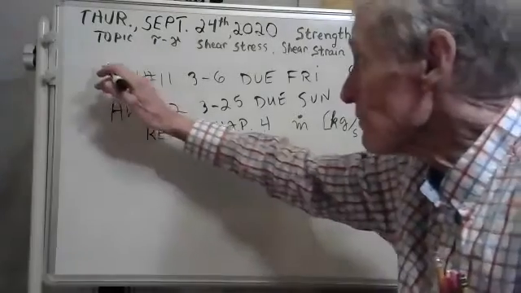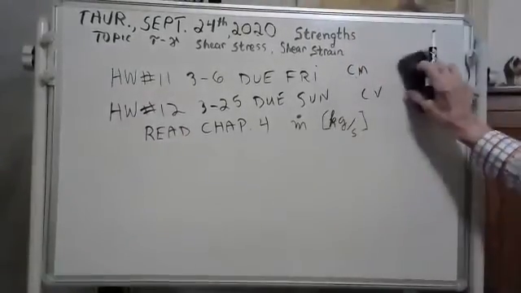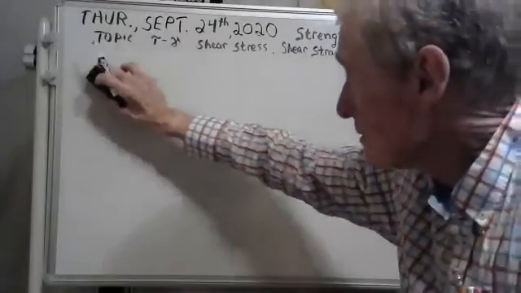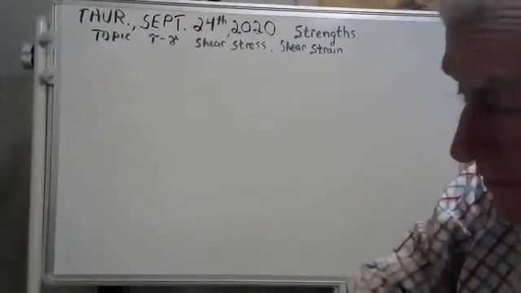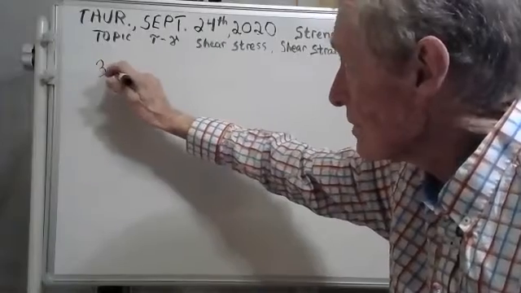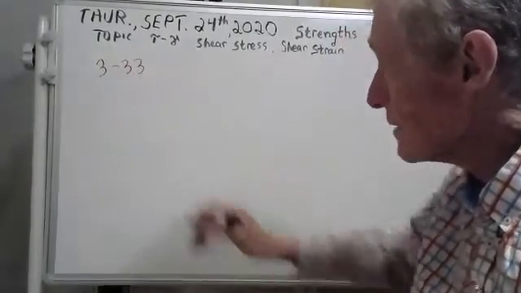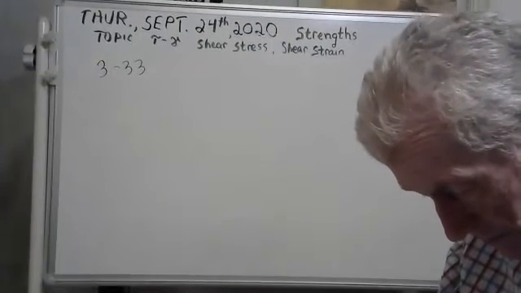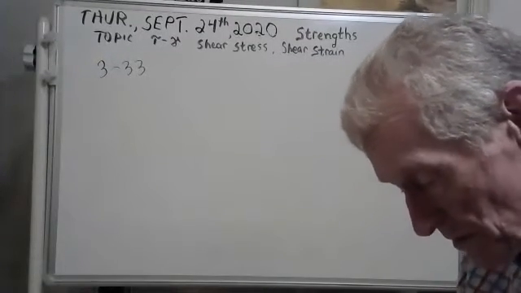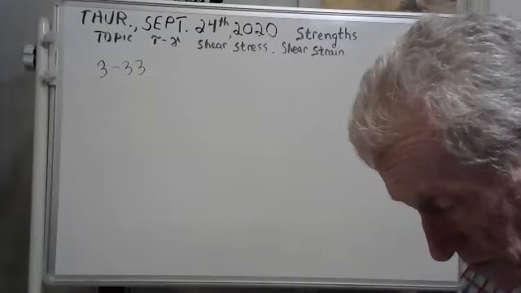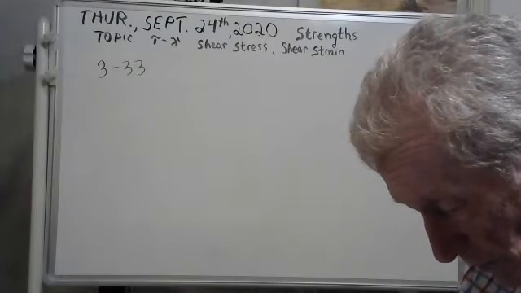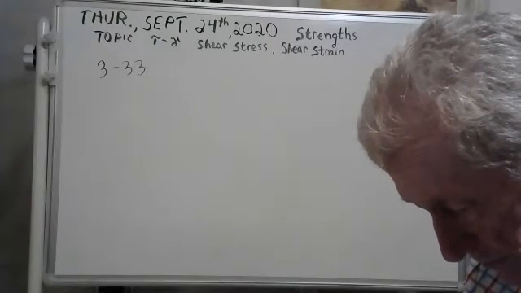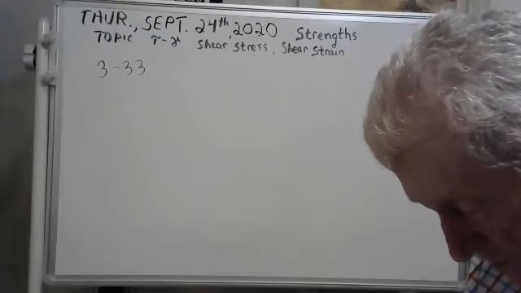Let me get rid of this stuff here so I can have some room. Let me see if I can find it here. Hey, I got lucky, I found it. The shear stress, shear strain diagram for an alloy, blah, blah, blah. Bolt is 0.25 inch diameter. Find the modulus of elasticity.